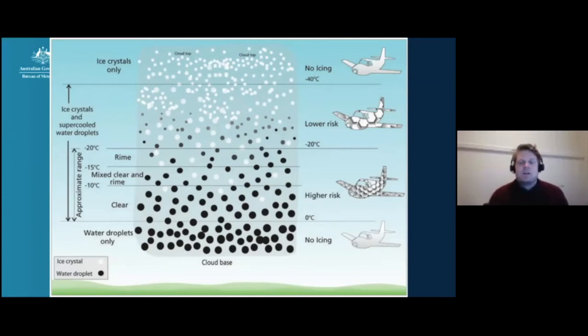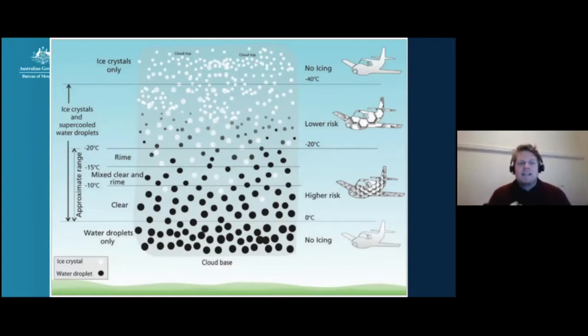So it's not cold enough for the water droplets to hit the airframe and freeze. But as soon as you go below 0 degrees, you've got a mix of water droplets as well as ice crystals. Those water droplets can be what we call super cooled water droplets, so they're actually below 0 degrees.